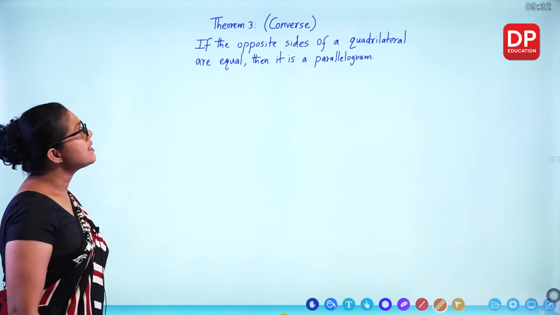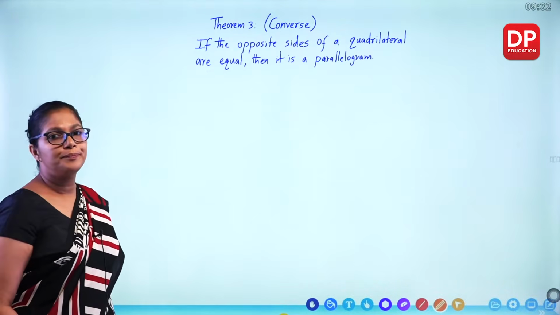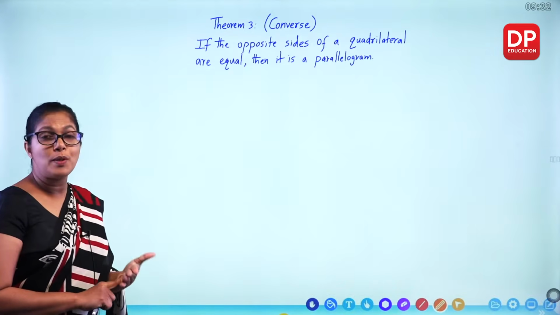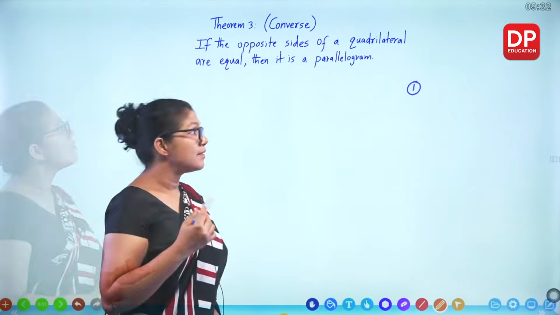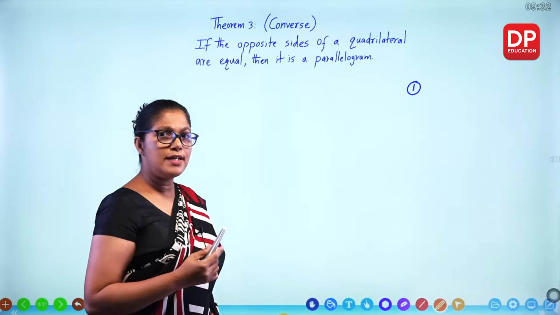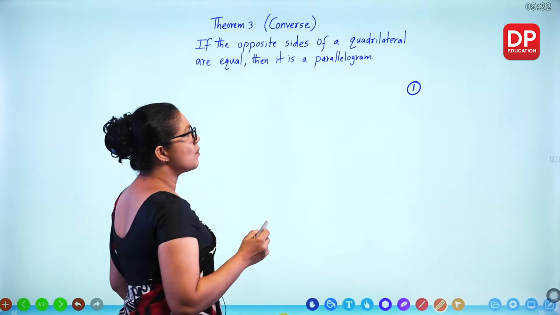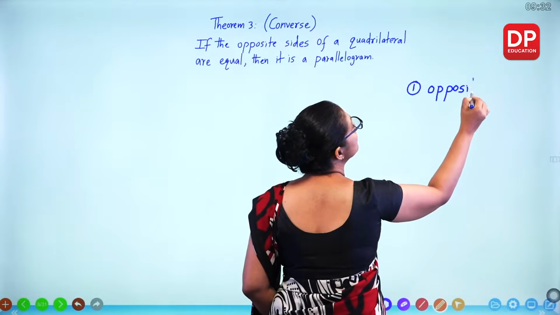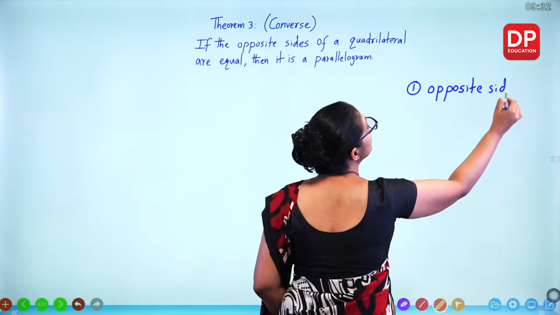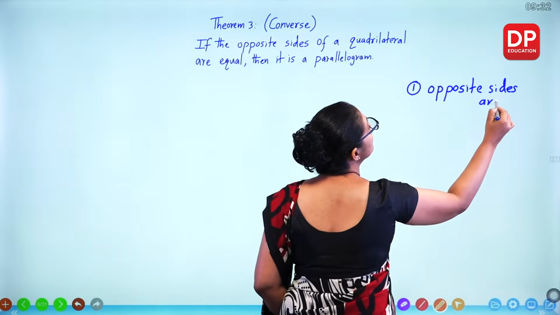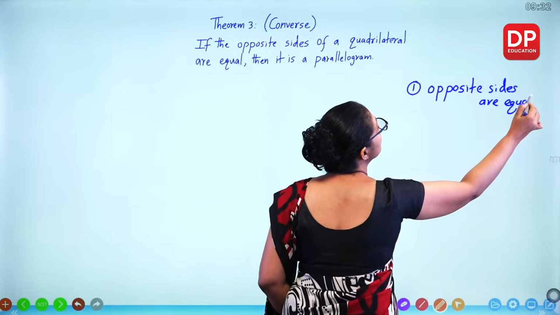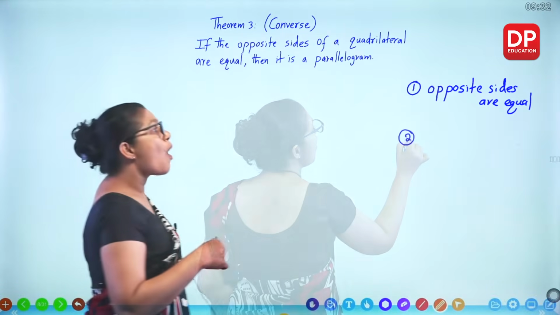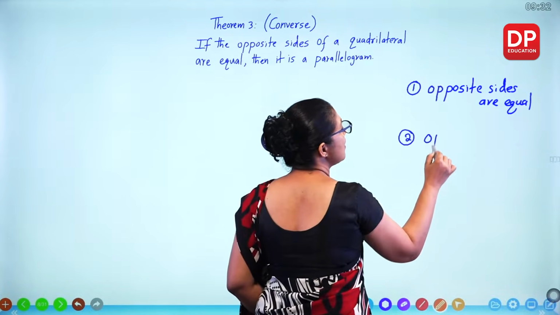Now we'll look at theorem number 3. Now the converse of all the theorems we did before. When you take theorem number 1, opposite sides are equal. Theorem number 2, we did opposite angles are equal.